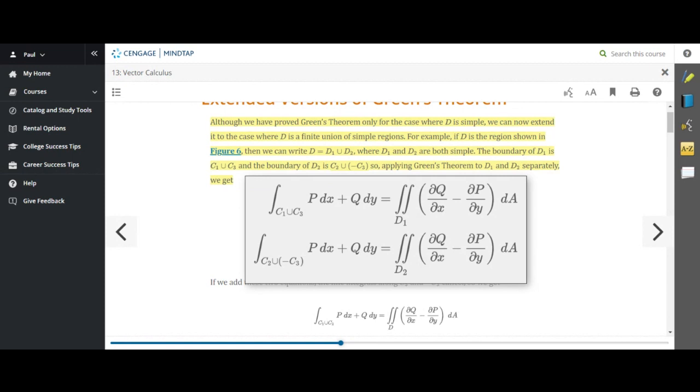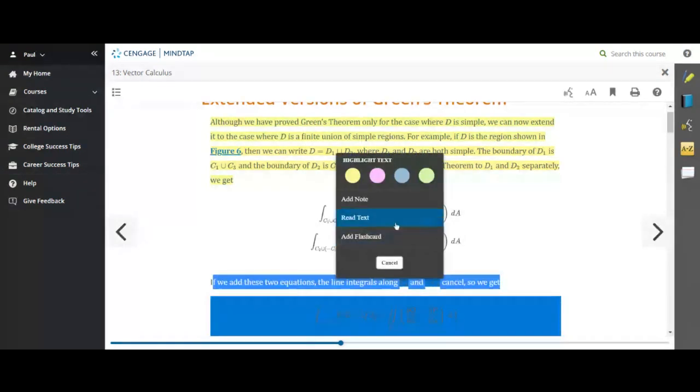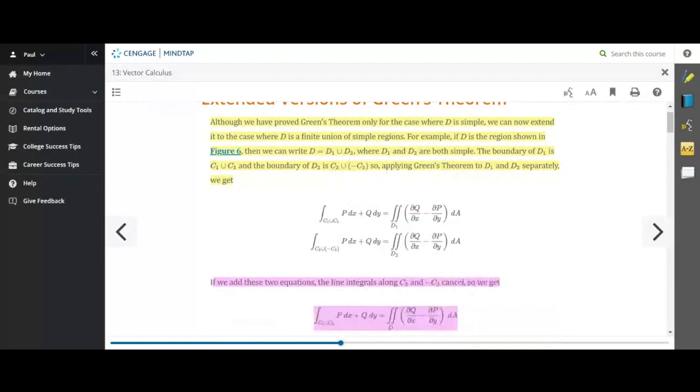And therefore, as they say, if you add the two line integrals, the line integrals along C3 and negative C3 cancel, and so we end up with the line integral across C1 union C2, and that is equal to Green's theorem.